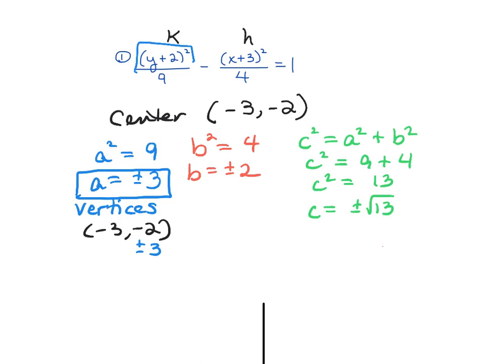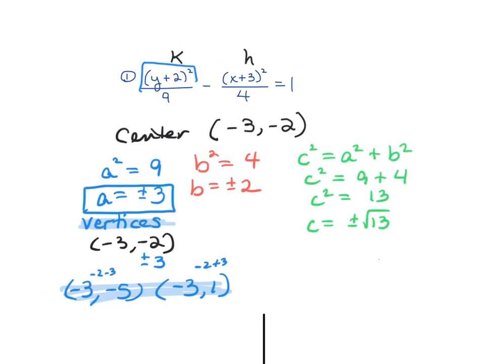So my two vertices are going to be -3, comma, and I'm going to do -2 minus 3, so I get -5. And then I'm going to do -2 plus 3, so I get 1. So my vertices are these two ordered pairs. Let's do the asymptotes. I'll do it up here.